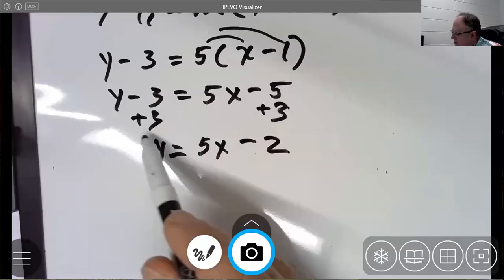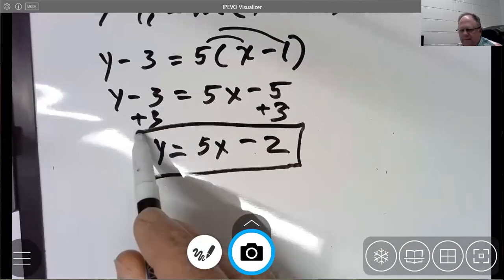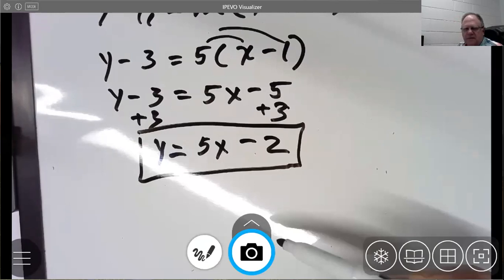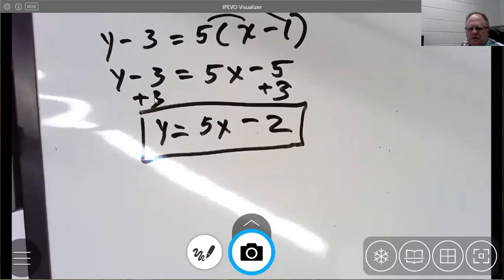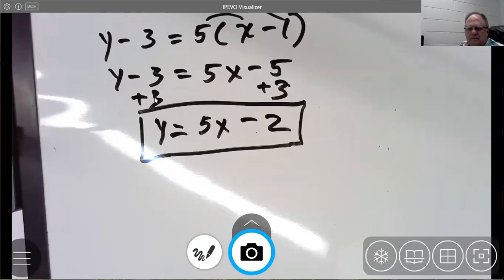And that's our equation to the tangent line. Okay, questions with that? Okay, and that's all we're doing for lesson 5.1. We are finished with lesson 5.1. Any questions?